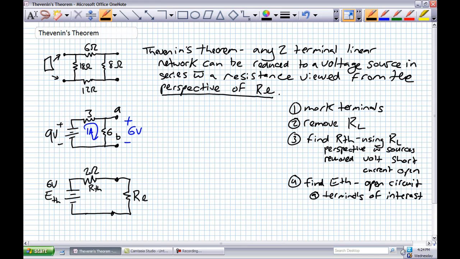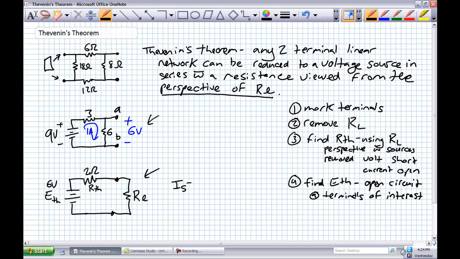Figure out the current through a load resistor of 100 ohms using that circuit, while I solve it using this circuit. Okay? Go ahead and get your pencils ready.